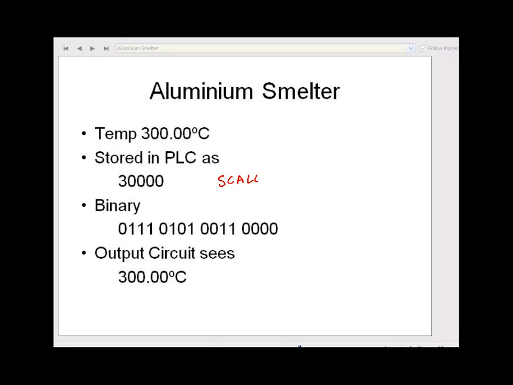So we stored it as scaled integer inside the PLC. And it's stored as 300 or 30,000, which inside the binary location, the binary box inside the PLC looks like that.